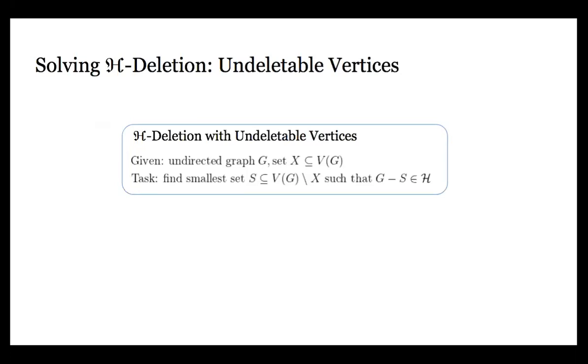So this is a generalization of our H deletion problem, but additionally, we are given a vertex set X, and we want to find a solution which is disjoint from X, or report that such a solution doesn't exist, and we consider this problem parameterized by the solution size. And for many classes, the known algorithm solving H deletion parameterized by the solution size can be adapted also to work in this more general setting.